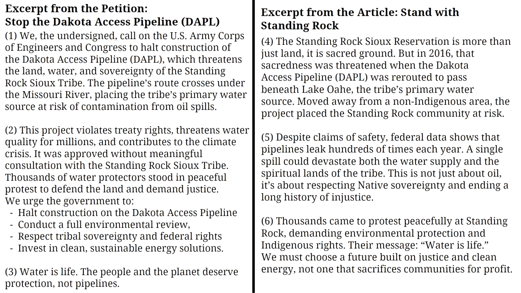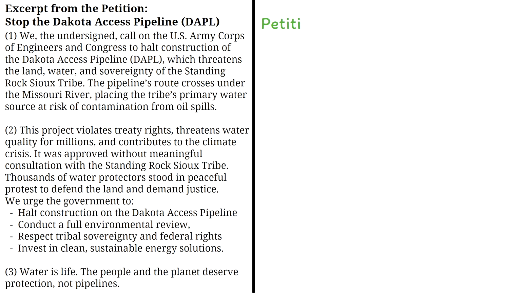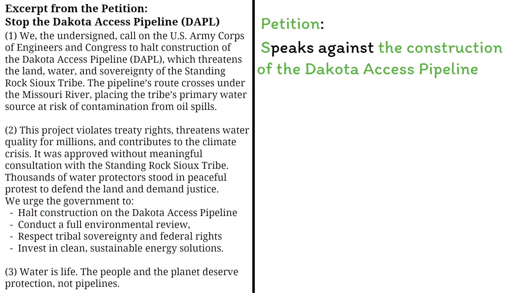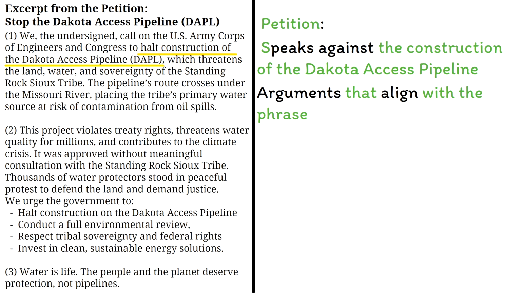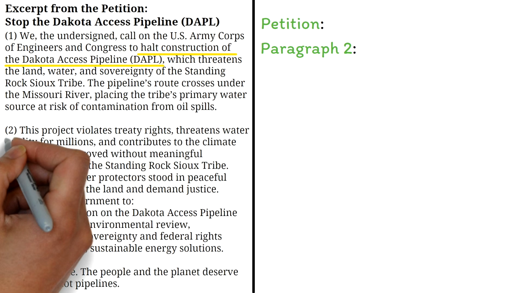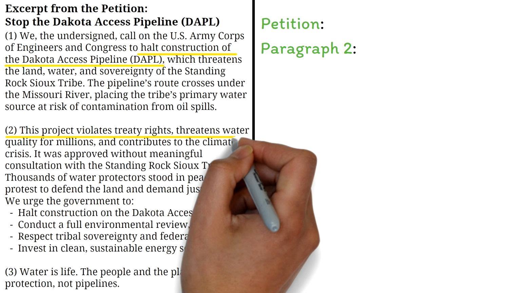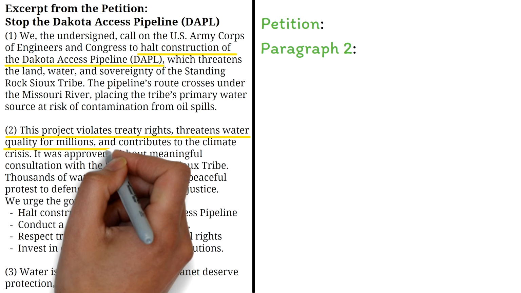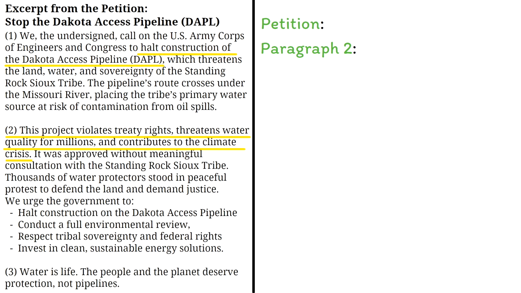Now, when we look through the petition, we see that it speaks against the construction of the Dakota Access Pipeline, and we see that it makes arguments that align with the meaning of the phrase, land over oil. They are, in paragraph 2, when it talks about how the project violates treaty rights, threatens water quality for millions, and contributes to the climate crisis.